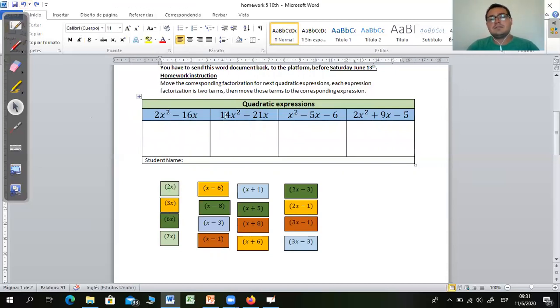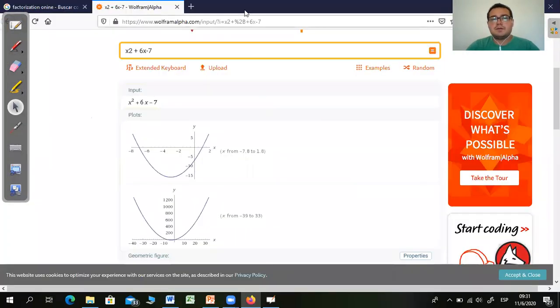And here is a recommendation I make: once you finish your work, once you finish the practice, do it like this, because that way you're gonna be sure about the work you did. That way you're gonna have 10 perfect points. So I recommend using this website, which is called wolframalpha.com.